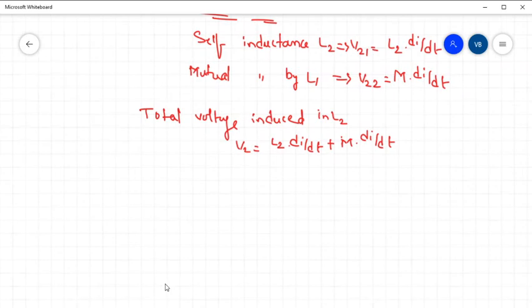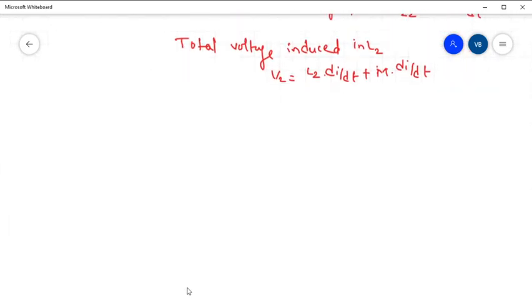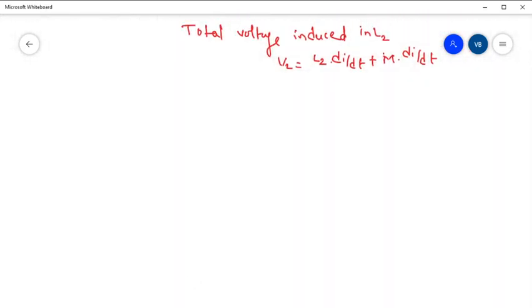Shall we take another example for the self-inductance? Yes. With the dot I will change it like this. This is the second example, where I have taken coils that are physically connected. Here I take voltage V, and the current I passes through this one.